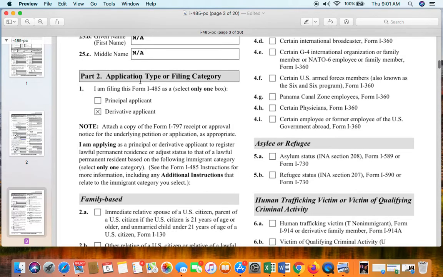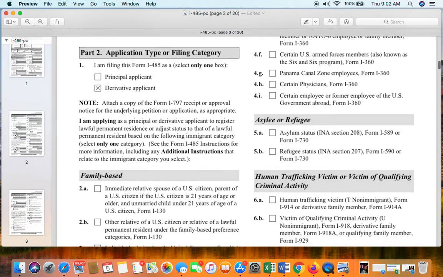So Part 2, Application Type or Filing. I am filing this Form I-485 as a... you have to select one of the boxes. If you are the principal applicant, you can put X. Since I am filing for my K2, my derivative applicant, I have to choose the derivative applicant.